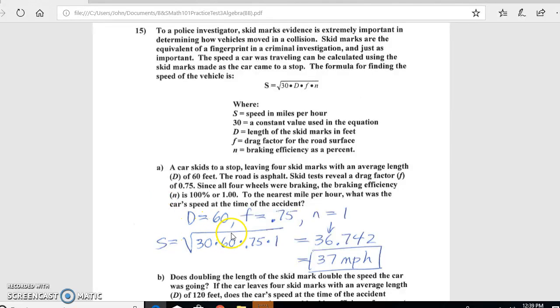So I put down here the different quantities we need to put into this equation. D is 60, F is 0.75, and N is 1.